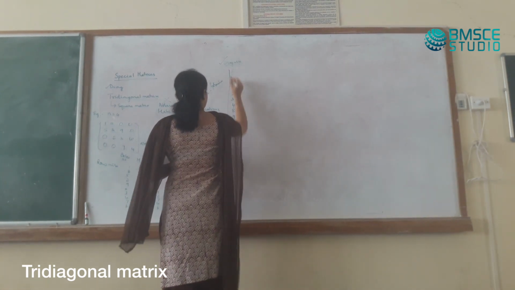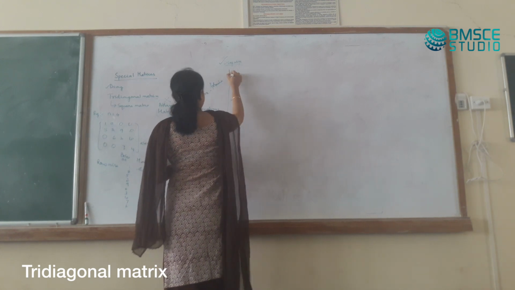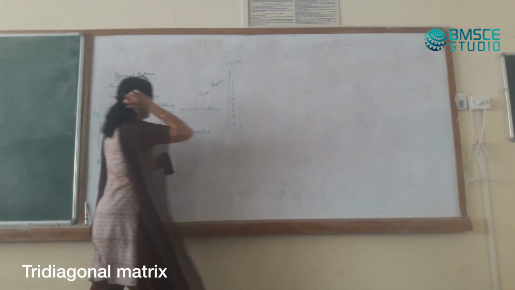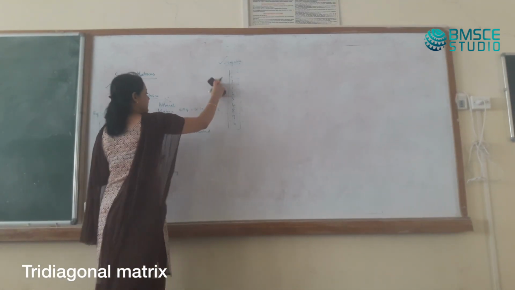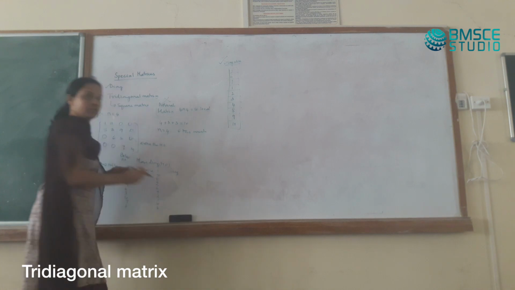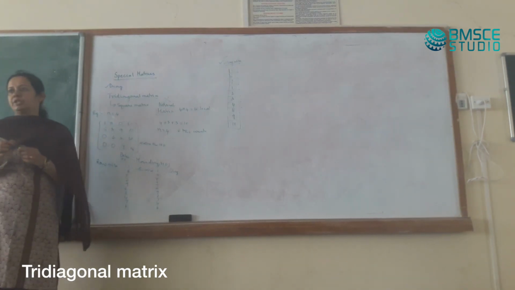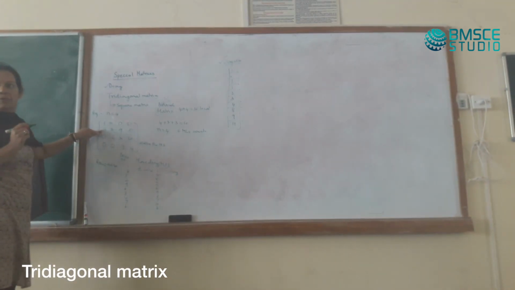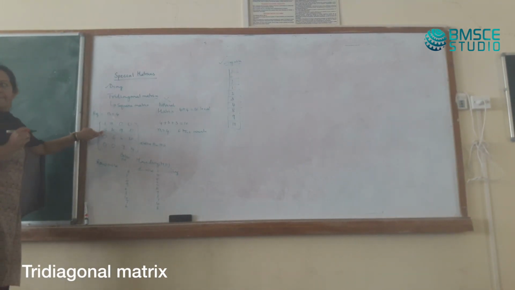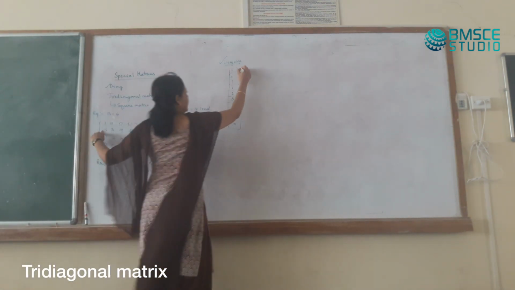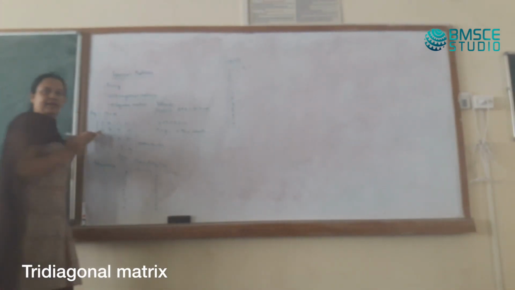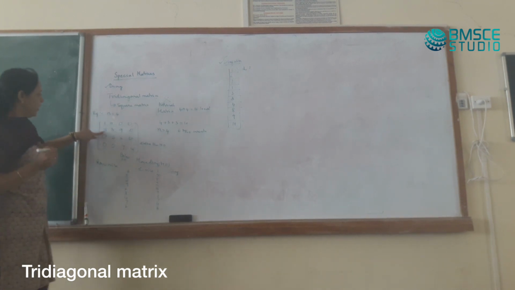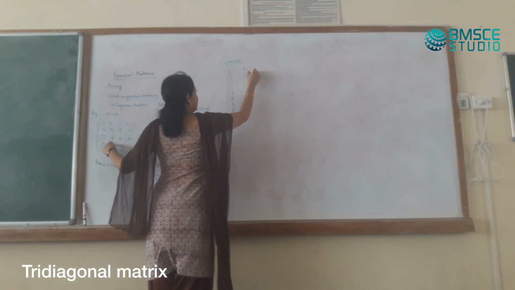Then the contents of the 1D array will be like this. Let us write the indices now, so that we will come up with the mapping function. Now 5, where is 5 found? Second row, first column: 5 is found in 2, 1, correct? Where is 6 found? 3, 2.